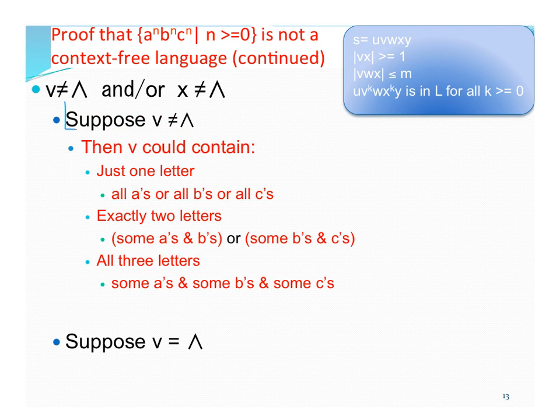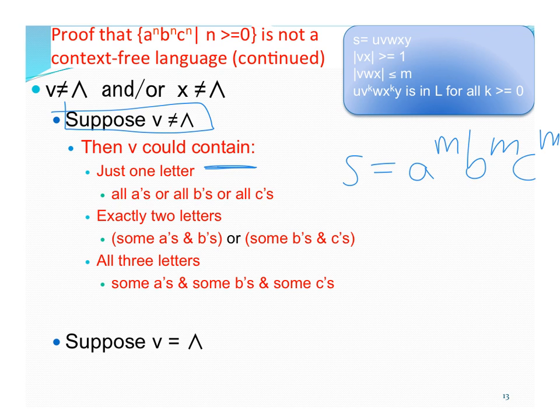So if we just do the part where we suppose that V is not empty, right, V is not lambda, then what could V look like? It could be just one letter, right? So it could be just A's or just B's or just C's, because remember, my string is A to the M, B to the M, C to the M. If it's just one letter.